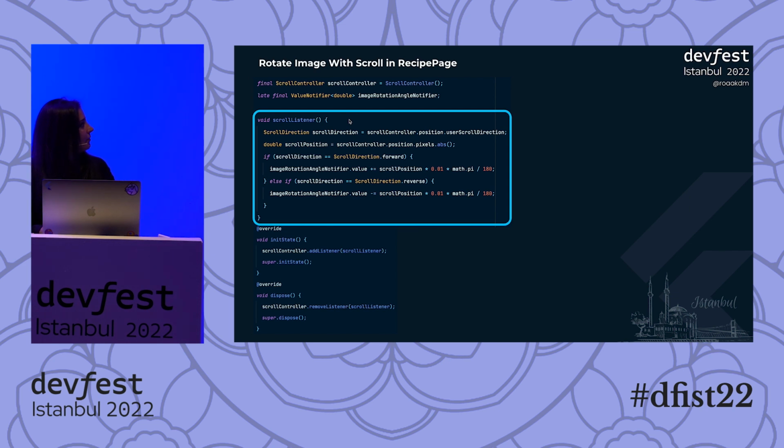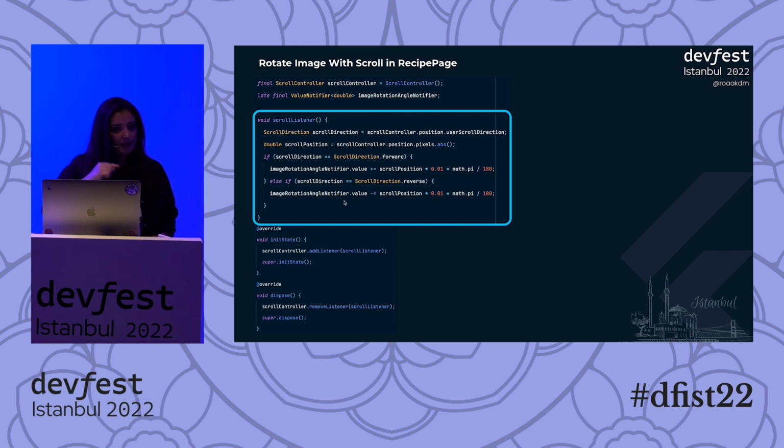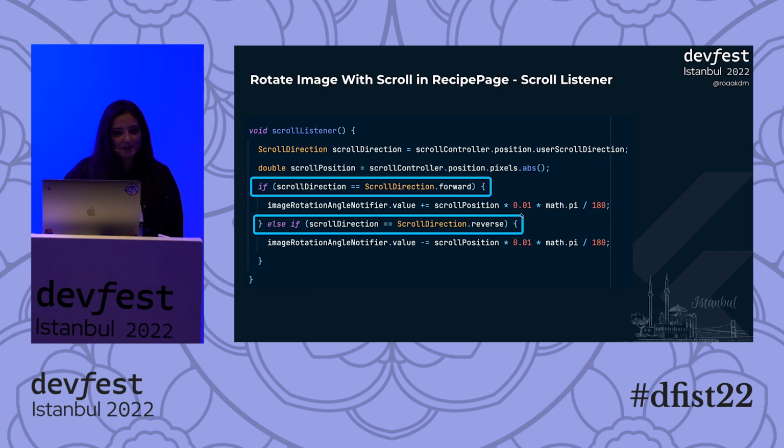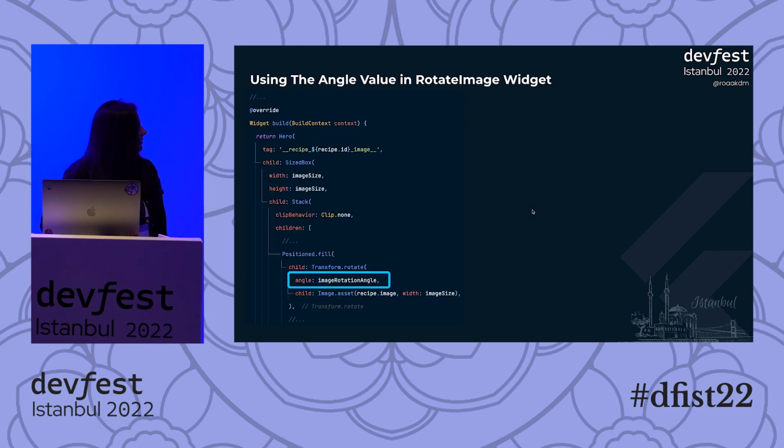And this is how we're listening to the scroll position so that the rotation happens while we're scrolling. It changes based on the position. You see here the rotation angle changes with a fraction of the position. If you make this number very big, it will rotate 1,000 times, and it will be very distracting. This angle is then passed to the transform rotate widget inside the hero to make it rotate.